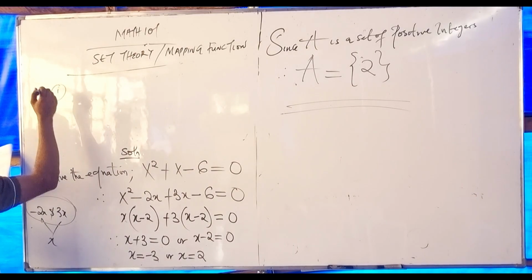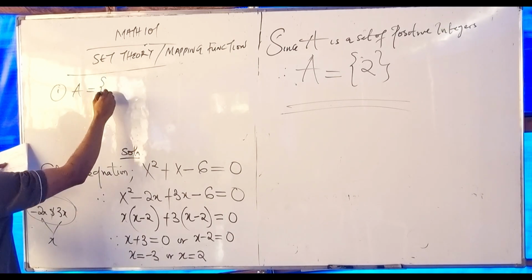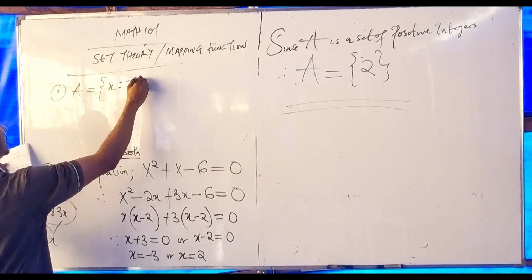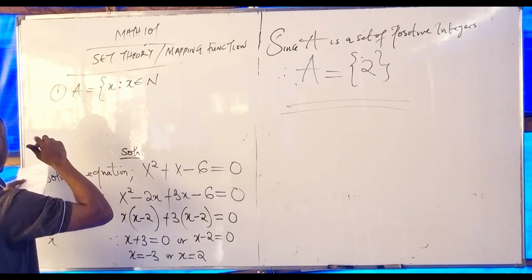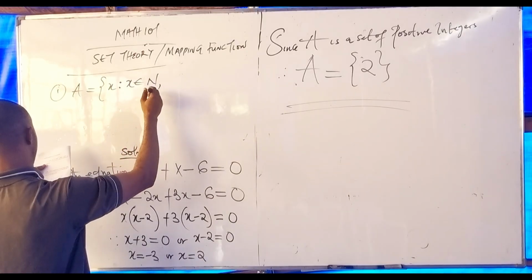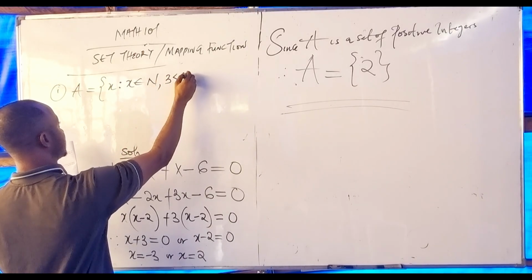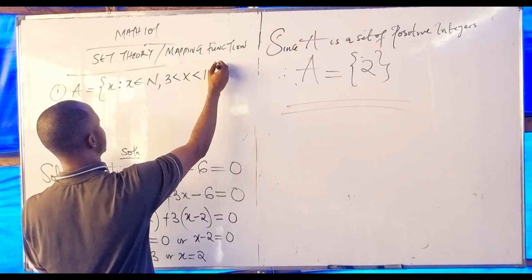Tabulate the sets. Number 1, set A equals x such that x is an element of natural numbers, 3 is less than x less than 17.